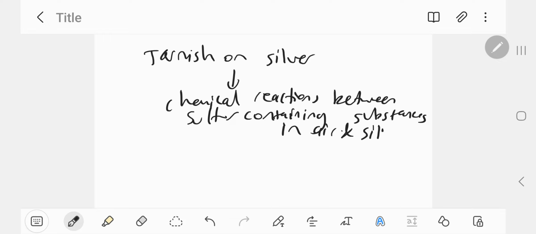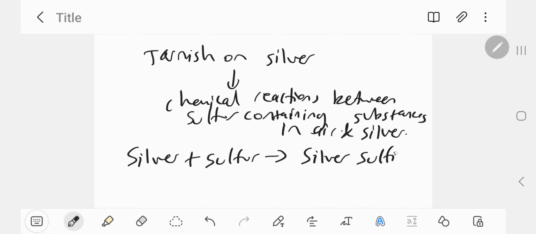So the sulfur in the air reacting with silver forms tarnish. That's silver plus sulfur gives you silver sulfide. That's called tarnish, commonly found on cutlery made of silver.